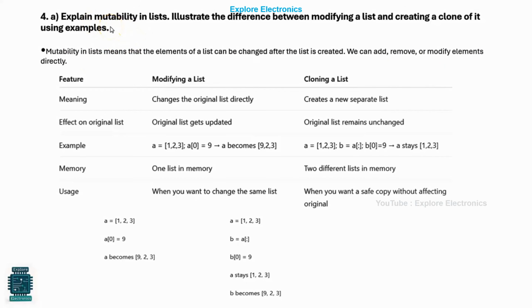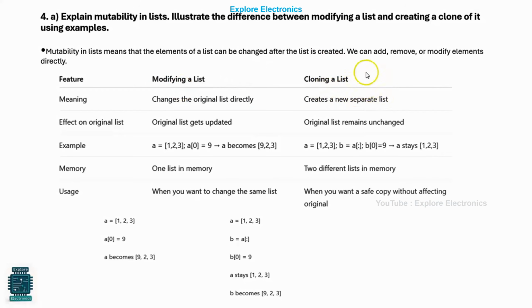Here they have asked the difference between modifying a list and creating a clone of it. Let us see. Modifying a list means changing the original list directly, which means the original list is changed. Cloning a list means it creates a new separate list.